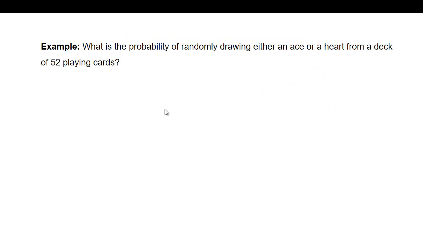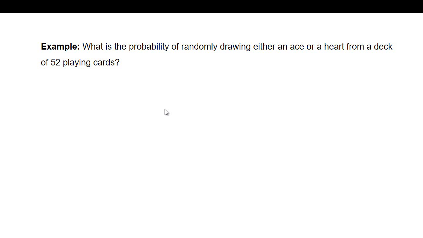Let's say we want to know the probability of randomly drawing either an ace or a heart from a deck of 52 cards. If you have a deck of 52 cards, you remember that there are four suits: diamonds, hearts, spades, and clubs.